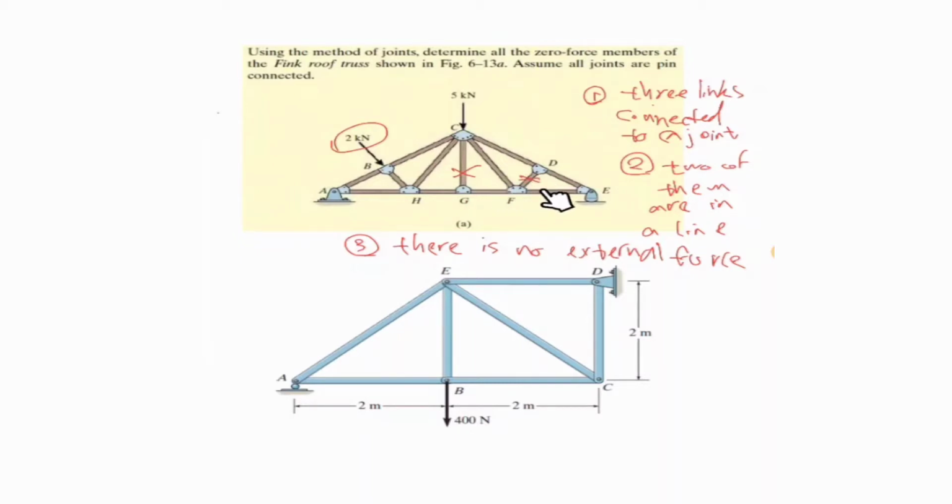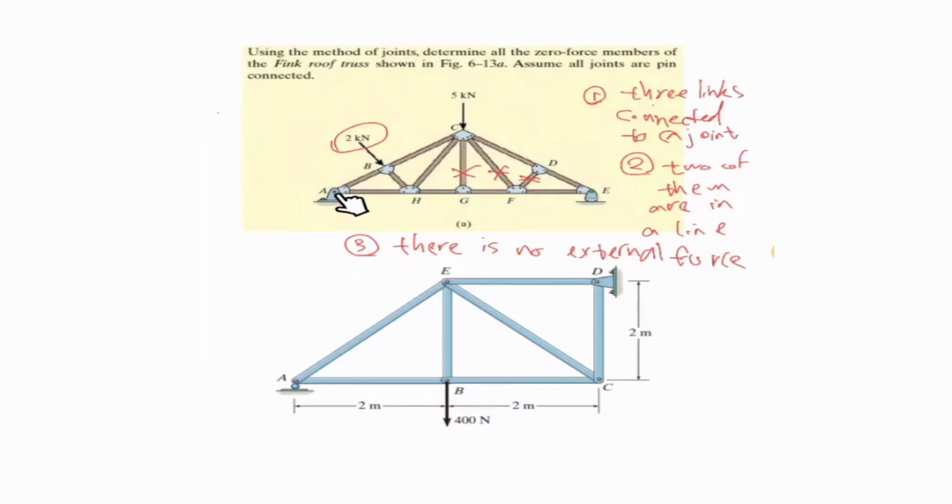Then point F in the new arrangement has 1, 2, 3 links, and we ignore this one because it got 0 from point D, and it's a zero force member when we were investigating point D. And right now we need to consider this joint with only 3 links. Then this one should be the zero force member as well. Okay, we start to do a review.